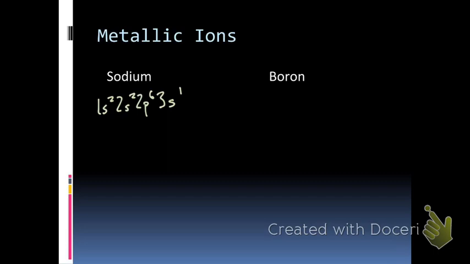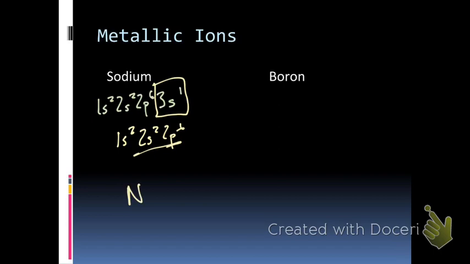It can lose this 3s1 electron, and it'll now become 1s2, 2s2, and 2p6, which it wants. This is stable, because in the second energy level, you have 8 electrons. Another way of thinking about this is sodium's Lewis structure looks like this. It either needs 8 valence electrons, or it can get rid of this 1 valence electron. If it gets rid of this, it becomes Na plus 1.